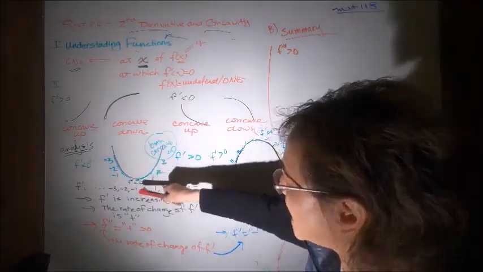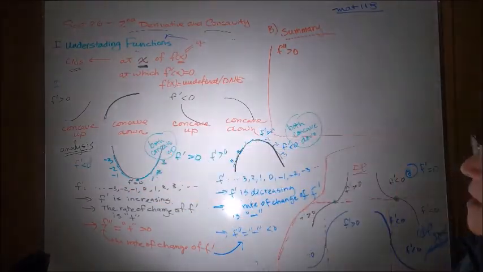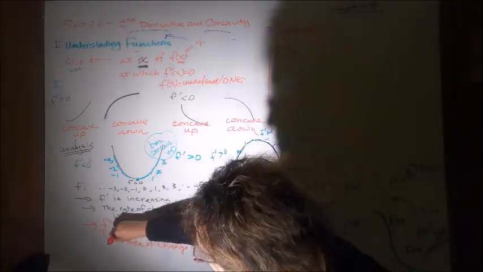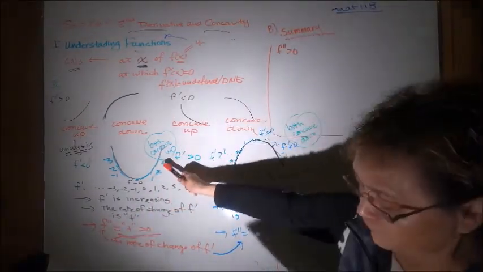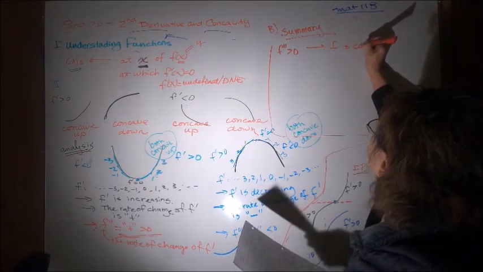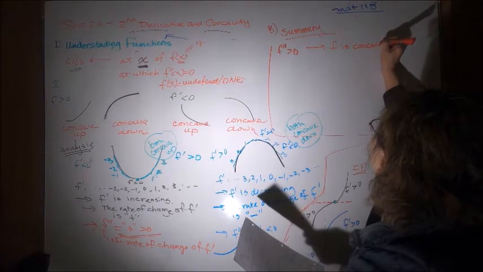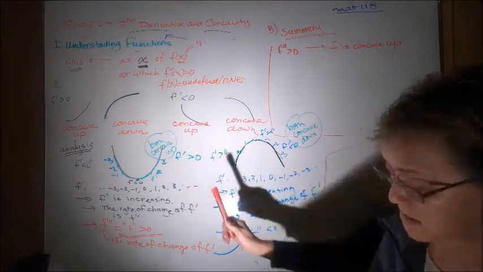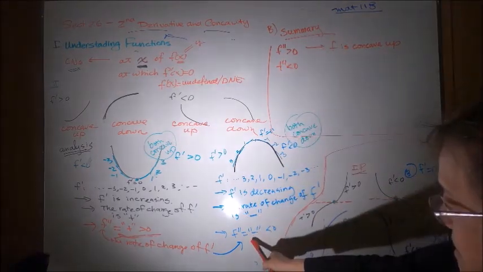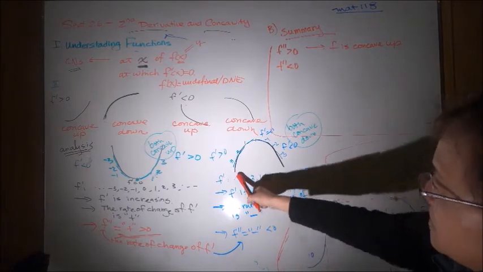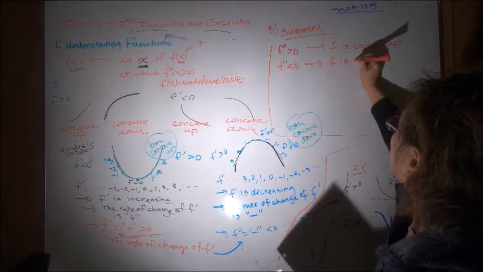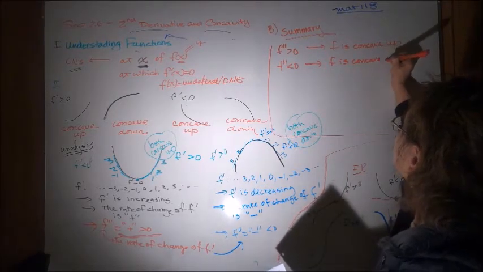But either side is concave up. So when f prime prime is bigger than 0, your function f is concave up, like this. If f prime prime is less than 0, it would be this shape, so your f is concave down.